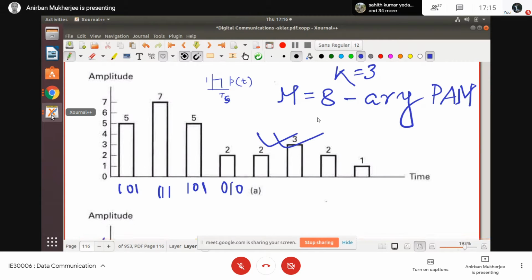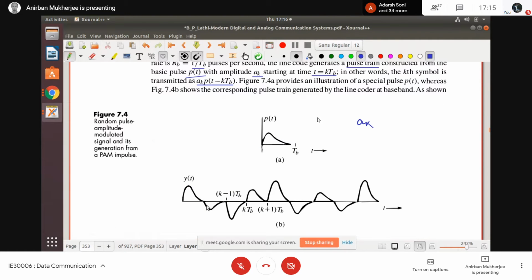So the first bit is some sort of a sign bit, and the next two bits are maybe the actual magnitude bits. Anyway, they have taken it in this way, so that's why some are negative. So the first symbol multiplies some pulse, then the second symbol multiplies a delayed pulse, then the third symbol multiplies another delayed pulse, in this way.